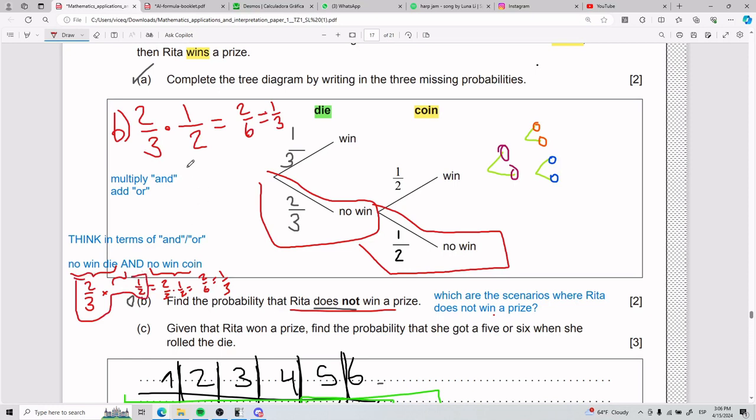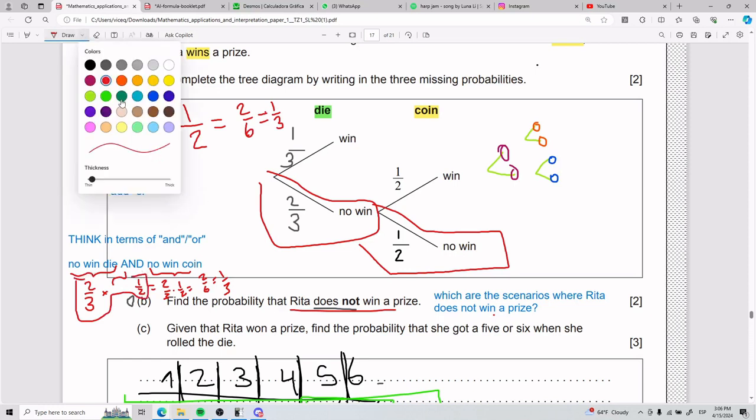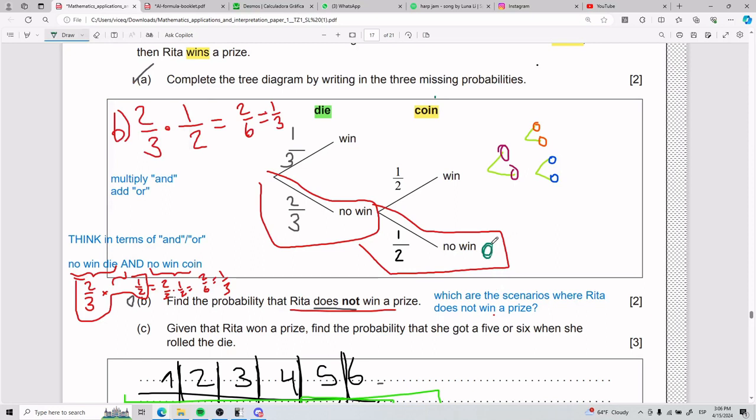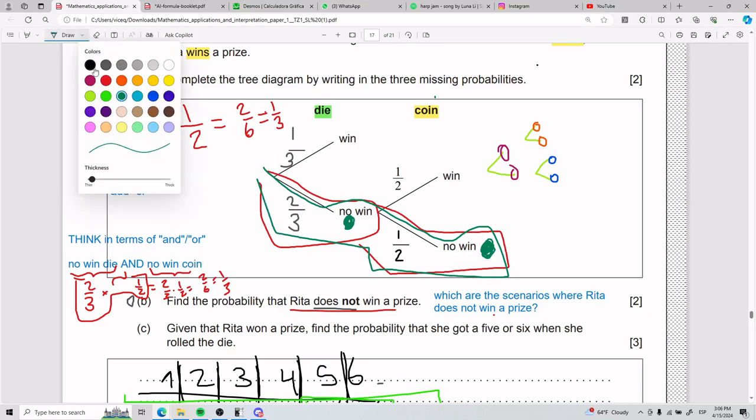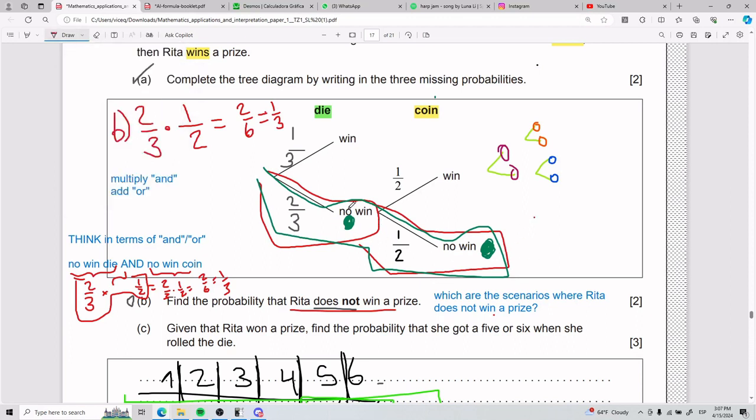Okay? The other way you can think about it is that in a tree diagram, if you want to reach the coin no win, you have to go through die no win. So you have to do 2 over 3 times 1/2. Okay? The only place where you would be adding is if you consider the probability of no win die and no win coin, and maybe this line here.